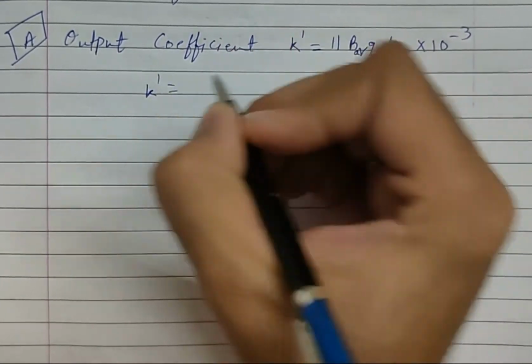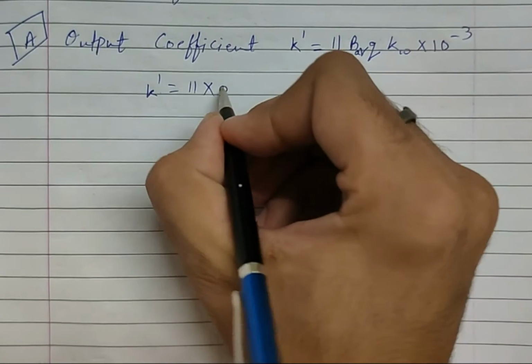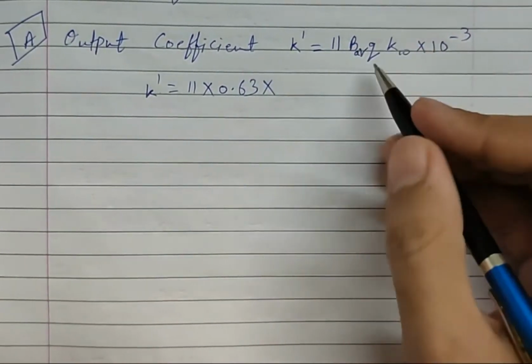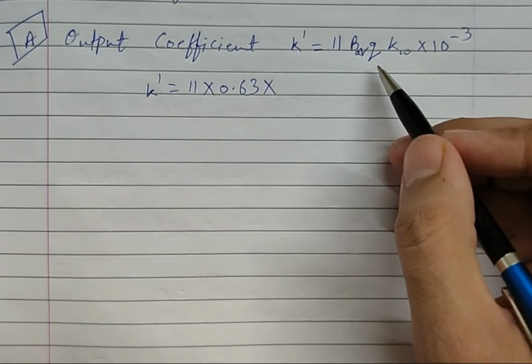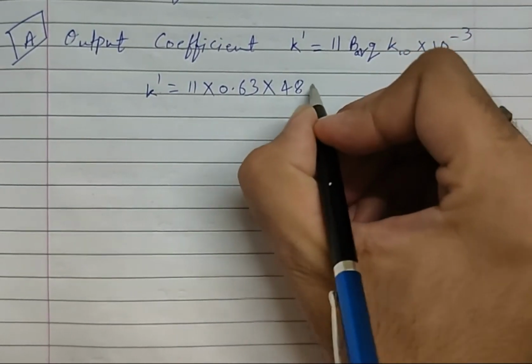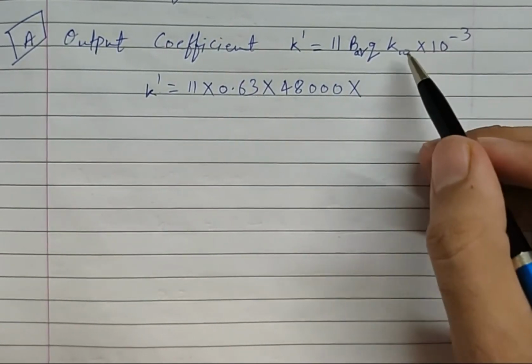So the value of K dash would be 11 multiplied by B_av, the value is given as 0.63 Tesla, multiplied by the value of Q, that is specific electric loading, given as 48,000 as mentioned in the question.